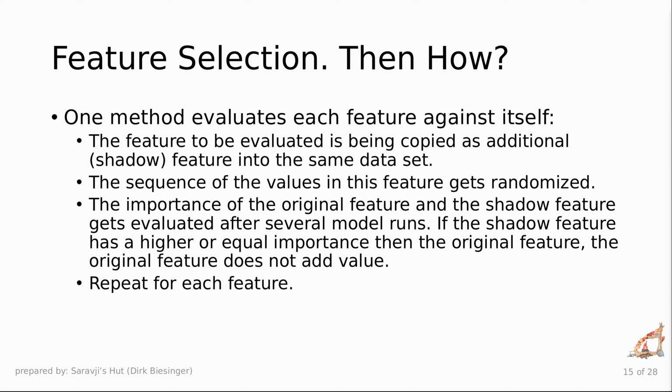But then the sequence of the values in this shadow feature is randomized, so that values are randomly assigned to the rows in the data. All the values are exactly the same, so the statistical characteristics of the two features are exactly the same. Just the relationship between the individual values and the row is completely eliminated.